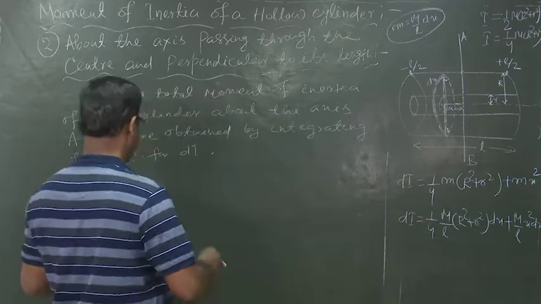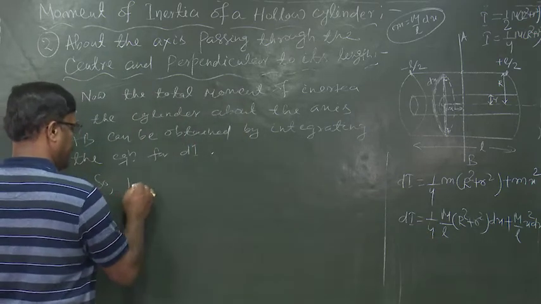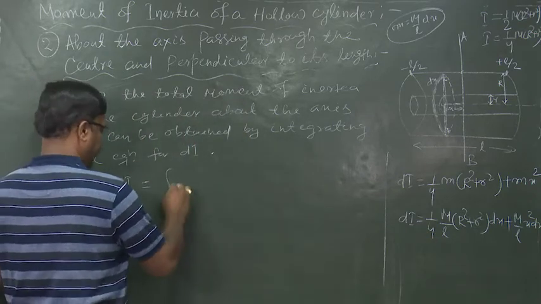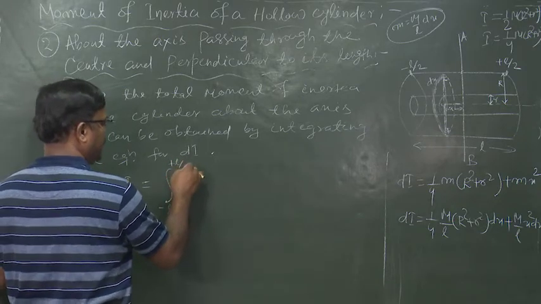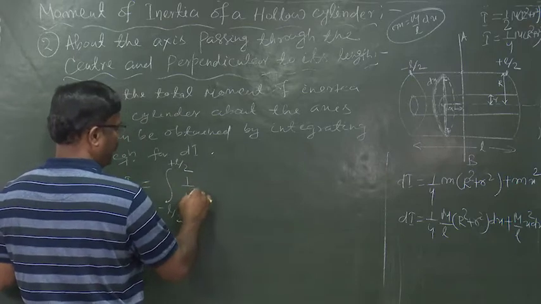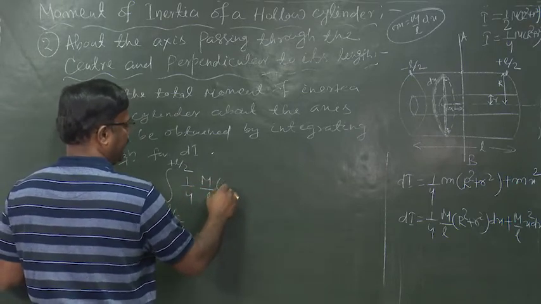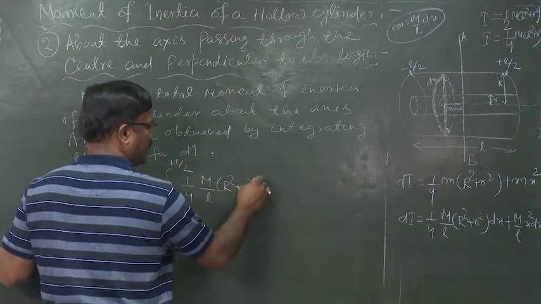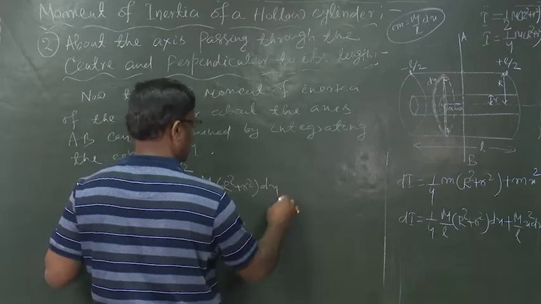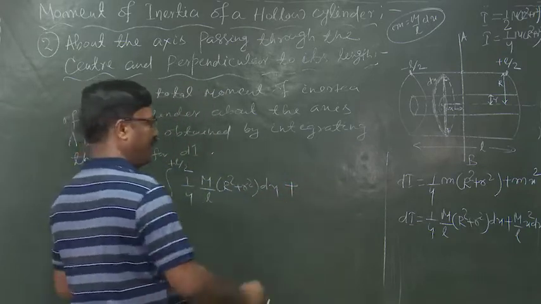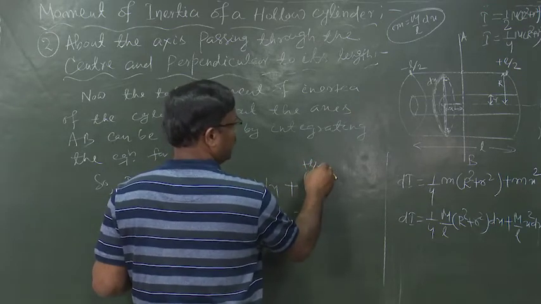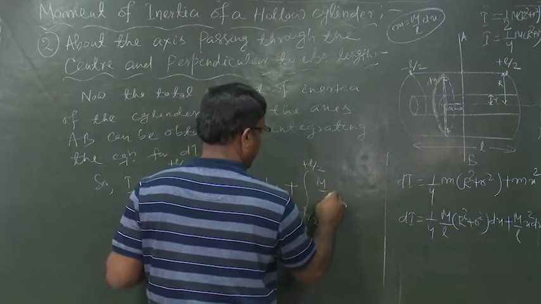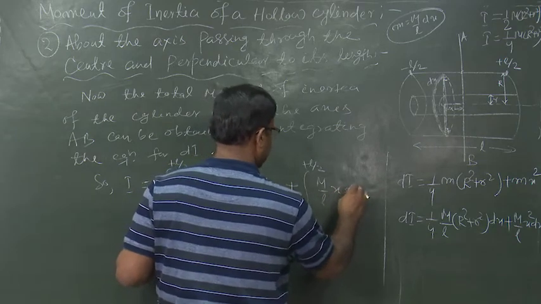So, I is equal to the integration from minus L by 2 to plus L by 2 of 1 by 4 M by L into r square plus r square dx, plus again the integration from minus L by 2 to plus L by 2 of M by L x square dx.